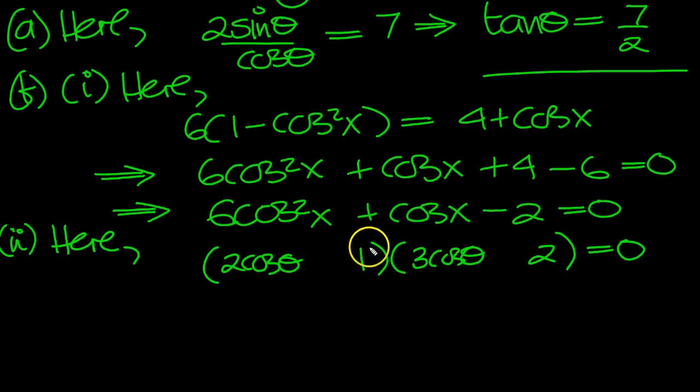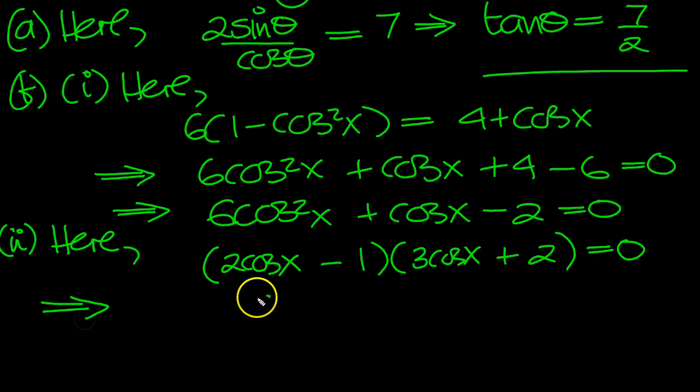And the difference will then be 1. The bigger one, the 4, must be plus. The smaller one, the 3, must be minus. So let's just double check that. Again, I'm determined to put x when I write these trig things. So let's check it then. 6 cos squared x plus 4 minus 3 is 1 cos x. And then minus times plus is a minus. 2 times 1 is 2. So that's what we've got.